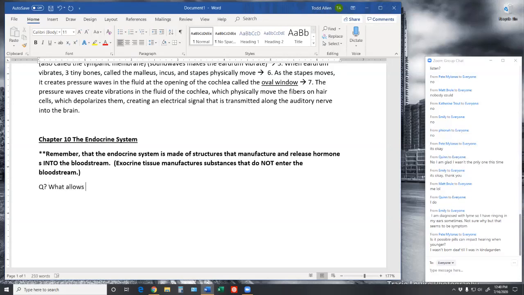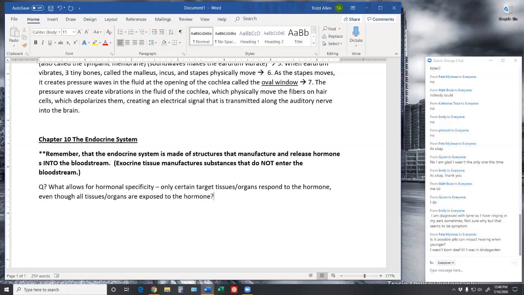What allows for hormonal specificity? And by that, I mean only certain target tissues and organs respond to the hormone, even though all tissues and organs are exposed to the hormone.